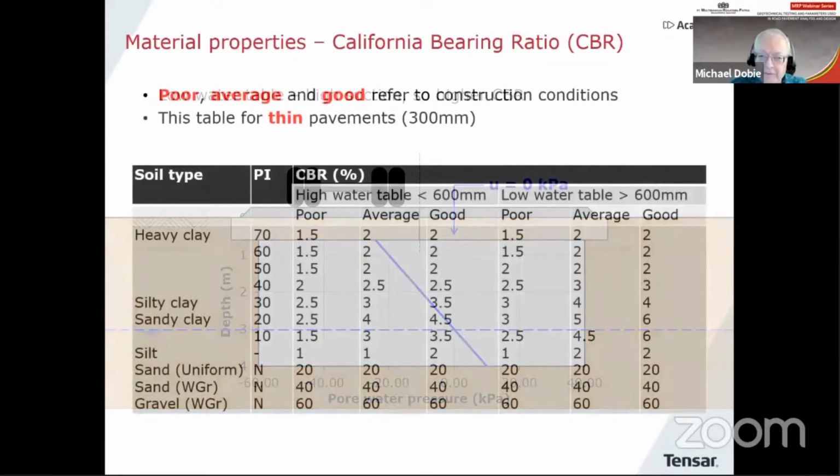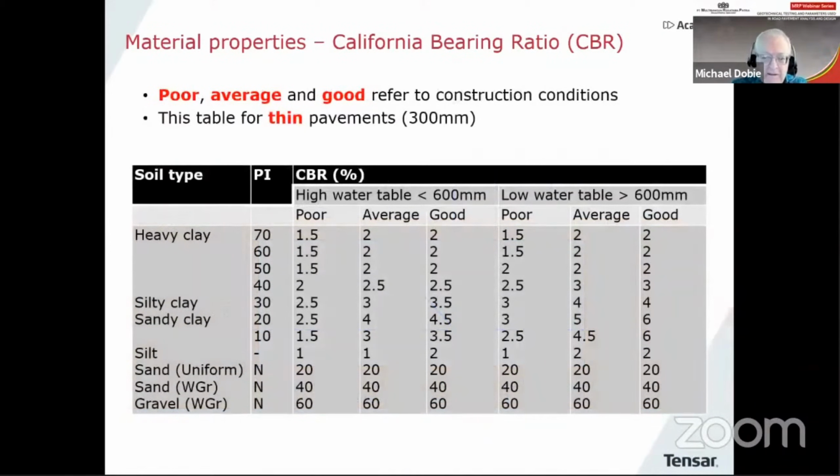So this is coming from that TRL guide. So for different soil types in the first column, from heavy clays, with you can see the plasticity index there, all the way down to coarse soils, we have CBR values depending on whether it's a high water table or a low water table, taking into account the construction conditions: poor, average, good.